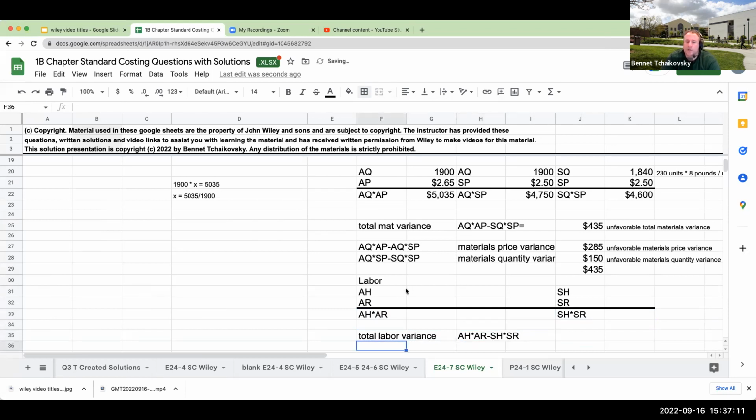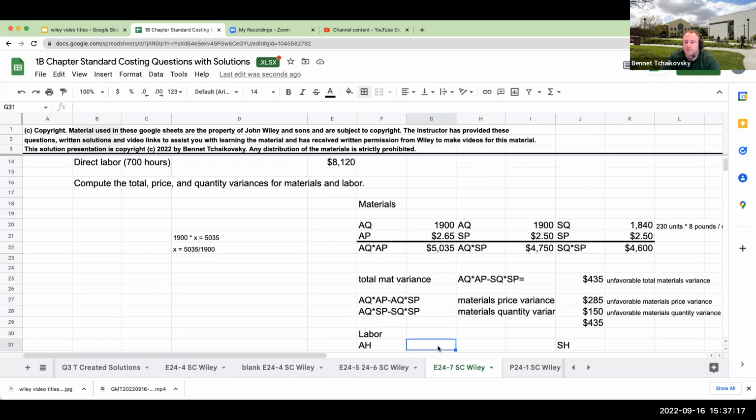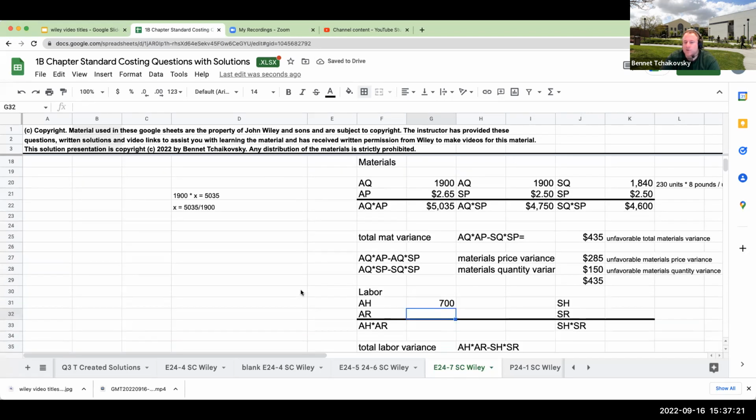Okay, so for direct labor, I actually used 700 hours at a total cost of 8,120. So what this means is that my rate, right? I've got 700 times Y is equal to 8,120.